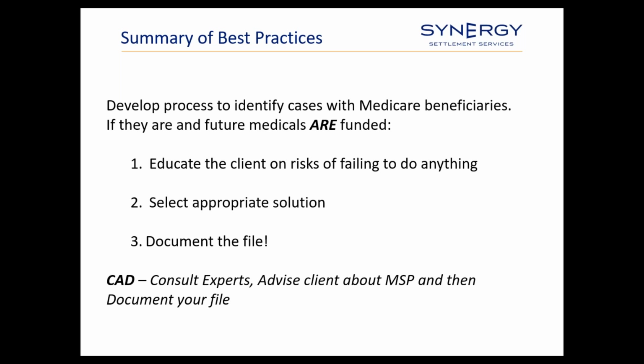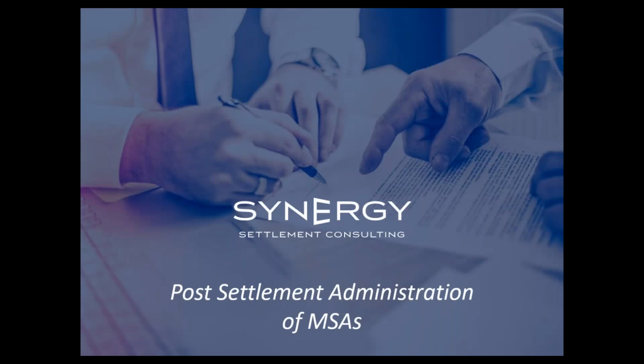It does not have to be an MSA. They can do a medical trust. They can do all kinds of different ways to carve out those funds and put the money away in a separate account that has separate accounting. So we call it the CAD process: consult experts, advise the client on MSP, and then document your file. That's about all you can do in order to eliminate the risk as a trial lawyer.